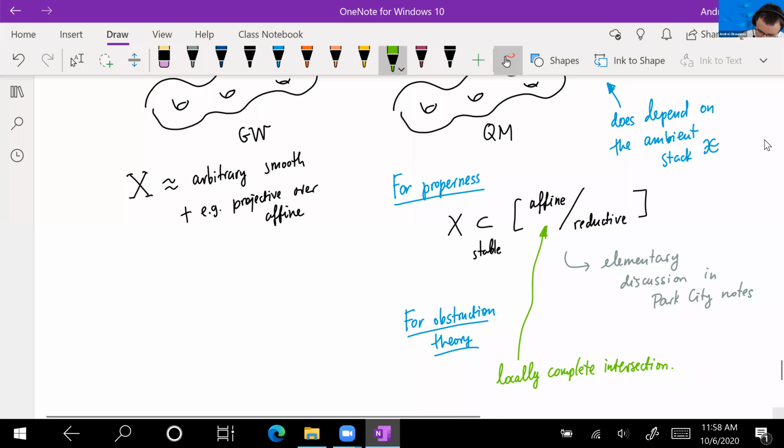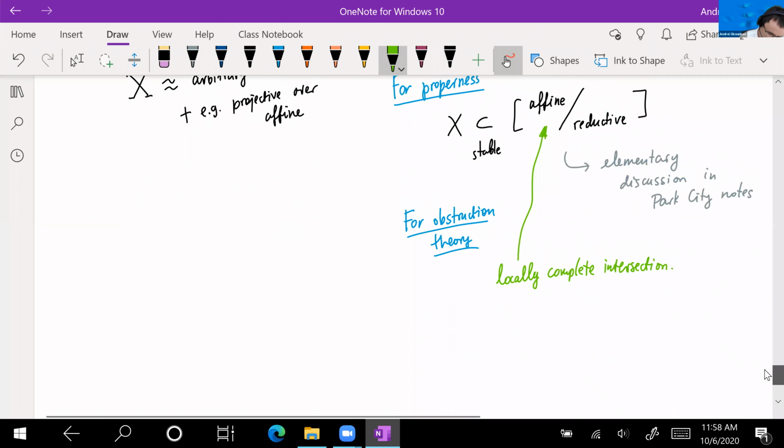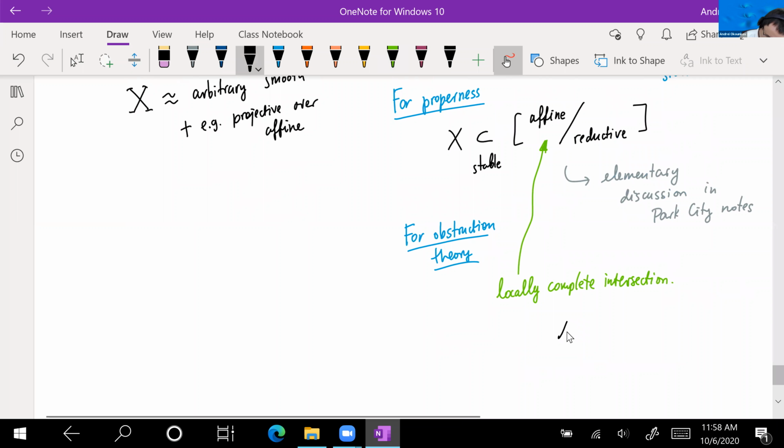Like in the case mu inverse of 0, this is because that exactly cuts out. What does local complete intersection mean? It means that it's cut out by as many equations as its codimension, and if we impose the moment map equation, that is the case. So that's like the Hilbert scheme being cut out by exactly the right number of equations. That's a good exercise to check.